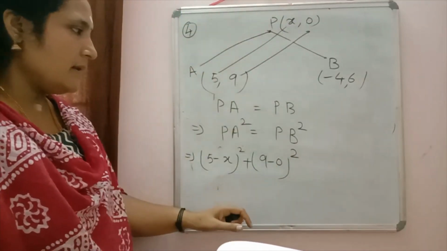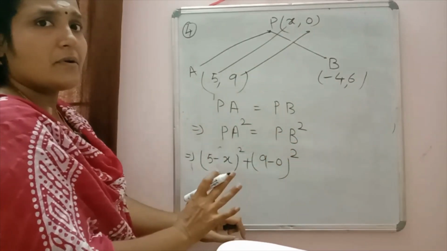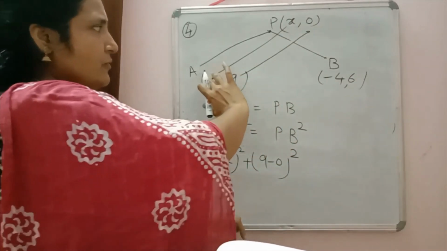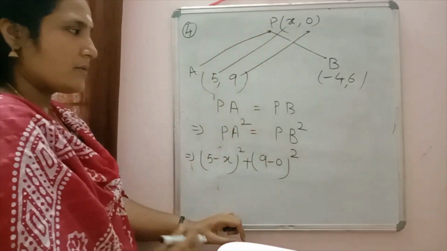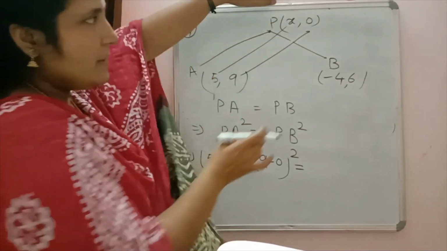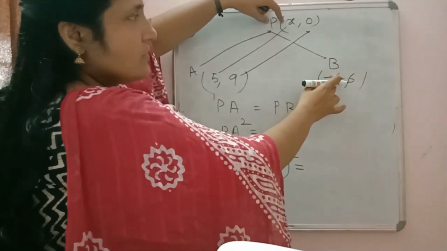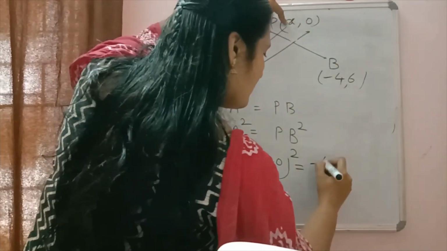Then 9 minus 0 or 0 minus 9, both will be correct. Don't get frightened if you write 5 minus x as x minus 5, both will be correct. This is equal to PB the whole square. So PB the whole square will be equal to minus 4 minus x the whole square.